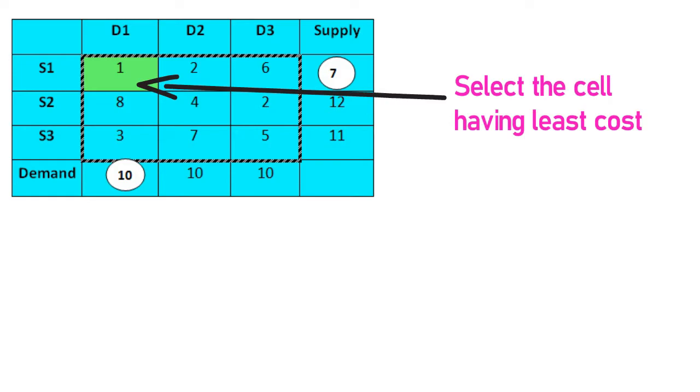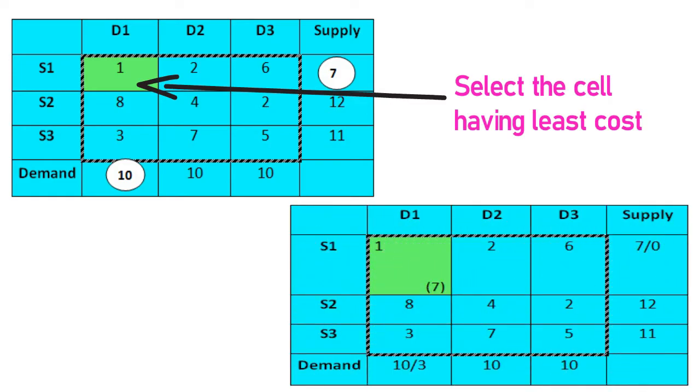Supply means the available units, and demand means the requirement. We have to allocate the maximum possible units to the selected cell, S1 D1. Supply means available quantity, that is 7 units are available, and the requirement is 10. So we allocate 7 units to the selected cell.